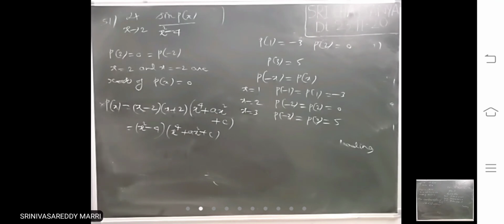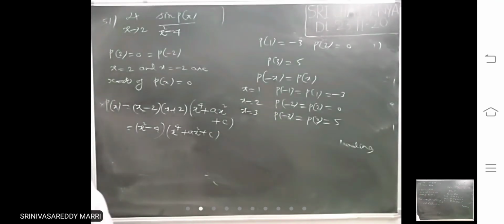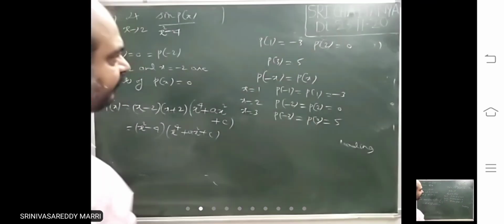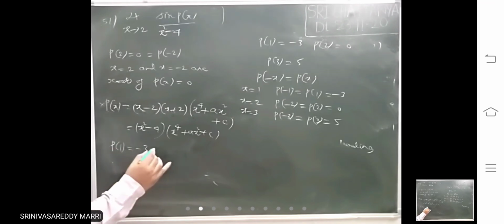These variables you have to calculate by using the relations we have. P of 1 equal to minus 3. So you substitute p of 1 equal to minus 3.